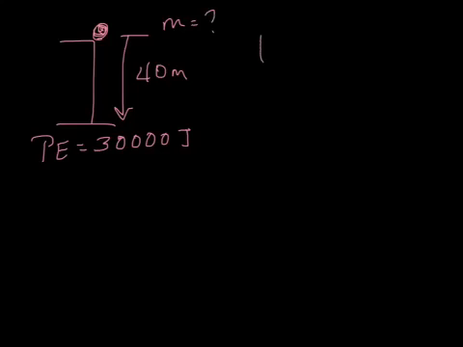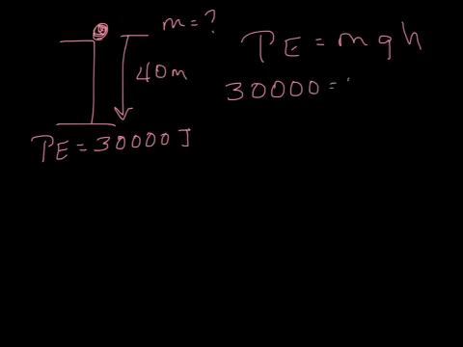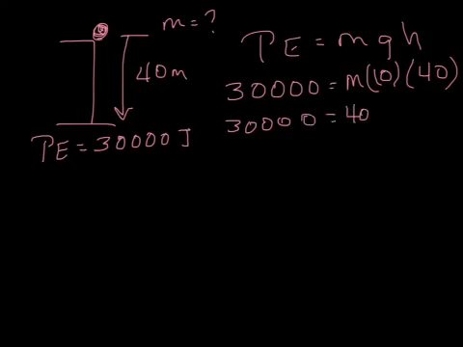Well, we know potential energy equals mass times gravity times height. So we have 30,000 equals mass is what we're hunting, gravity is 10, height is 40. So 30,000 equals 400 times our mass.